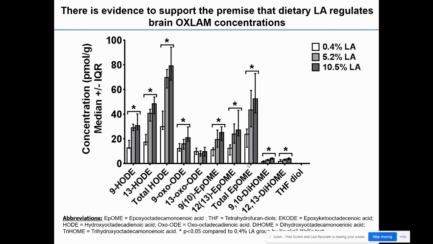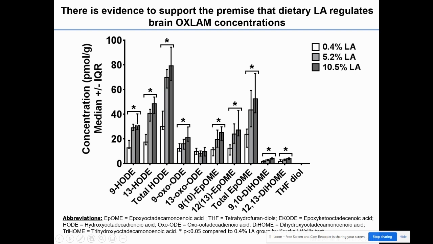On this slide, the y-axis is the concentration of the OXLAMs we measured. 9-HODE, 13-HODE, these are all different types of OXLAMs. Don't mind the abbreviations. What this shows is that as you increase dietary LA beyond 5% energy, where white is 0.4% energy, light gray is 5%, and dark gray is 10%, brain OXLAMs increase.